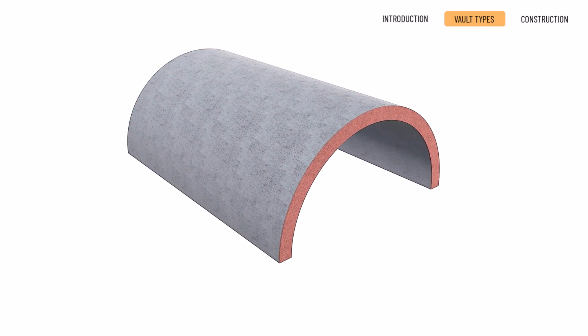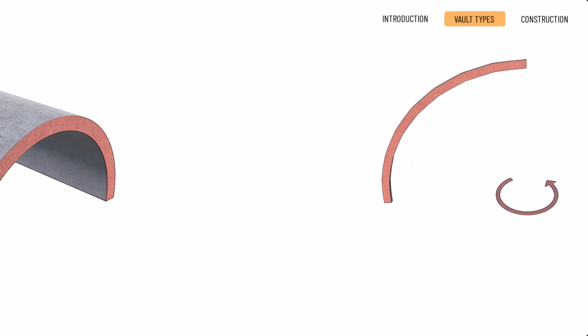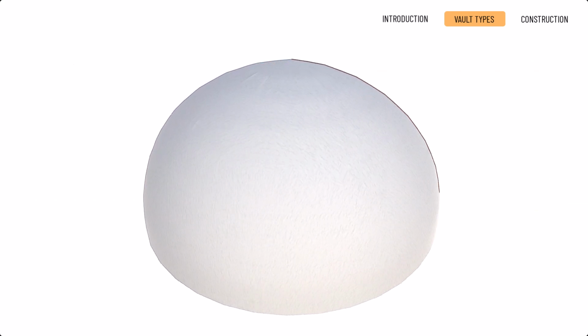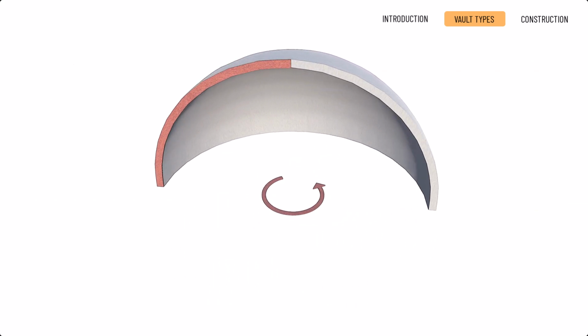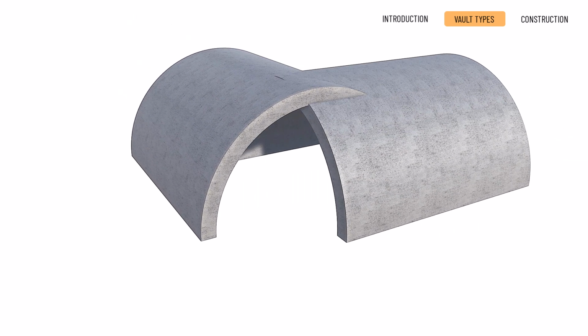Vault types. The vaults can be formed by extruding or rotating a shape, arch, or intersecting two vaults.